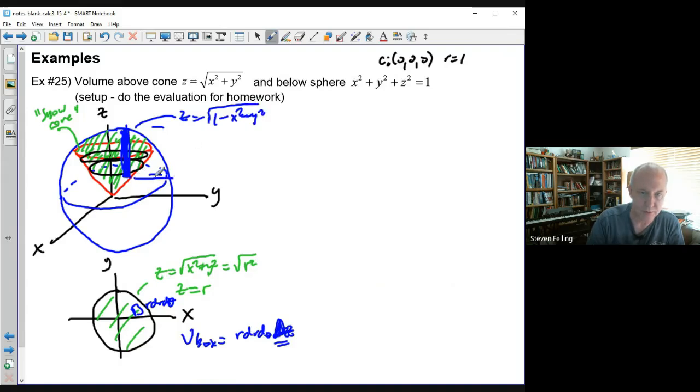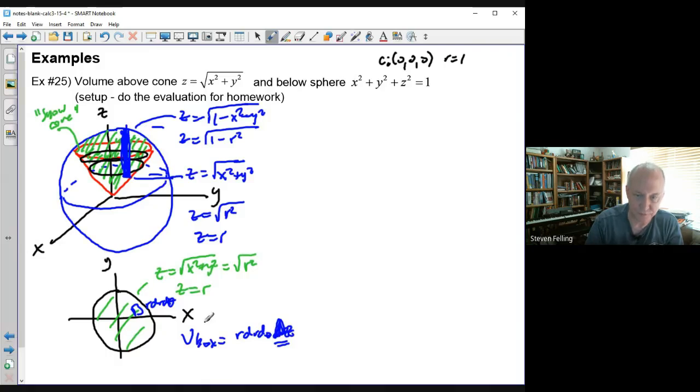And this lower limit here is set by the cone, where z is equal to the square root of x squared plus y squared, right? So while we're here, the z we just showed down here is equal to the square root of r squared, and therefore z is equal to r. And up here, the z would be equal to the square root of 1 minus r squared if you factored the negative out.